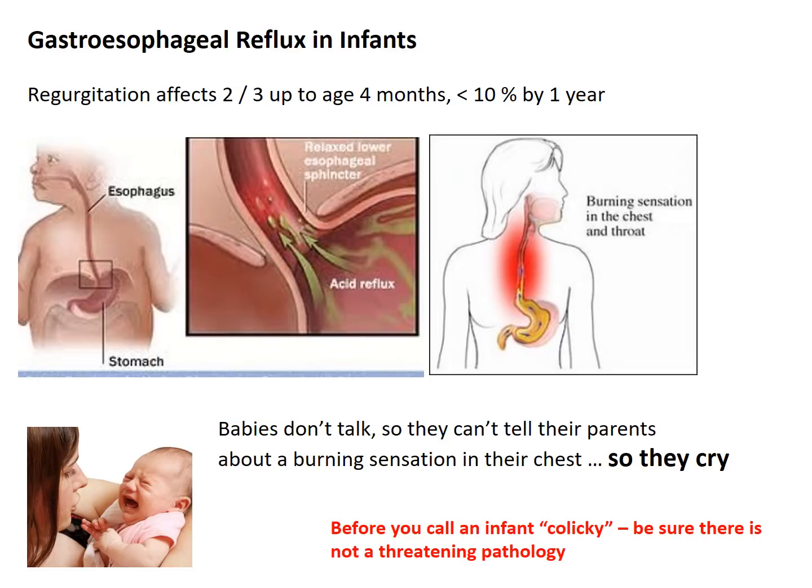So very important in irritable infants, before we just pass this off as being GE reflux, that a relatively good history, physical exam and diagnostic modalities are done to determine whether or not this infant is truly suffering from symptoms of GE reflux versus something more threatening.